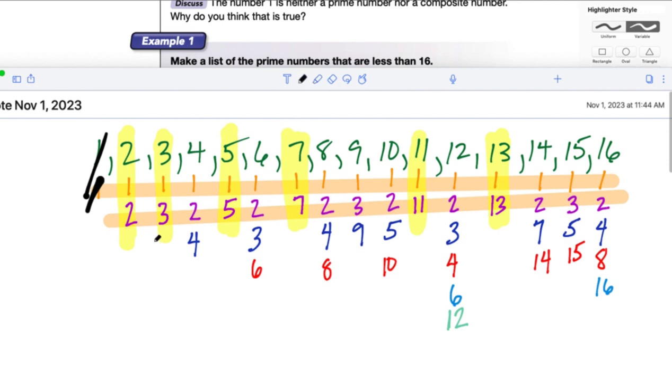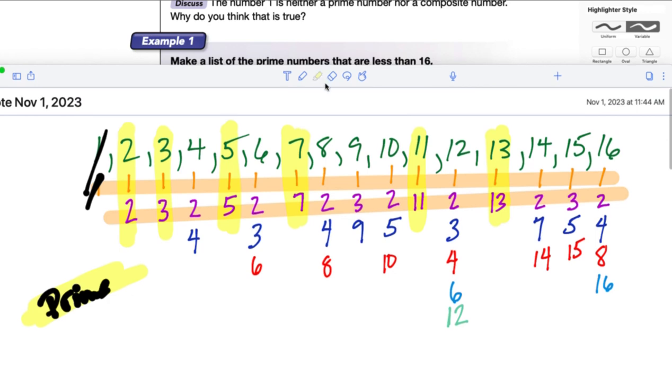So those are prime. The other numbers, aside from 1, we're not talking about 1, the other numbers that are not prime are called composite. So let's go ahead and make a little key here. They are prime if they're highlighted with that yellow, and if I have them highlighted in, let's say, red, then that's going to be composite.